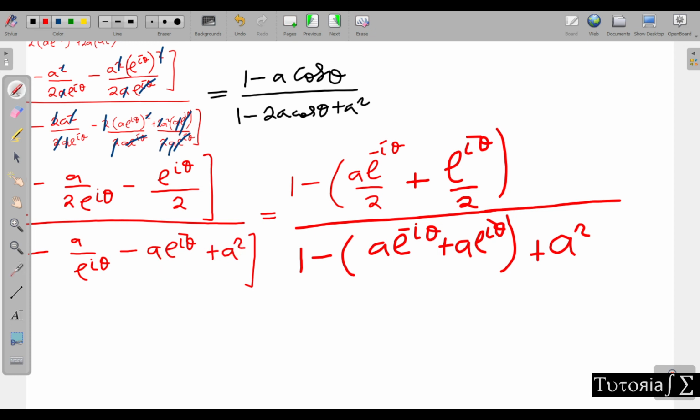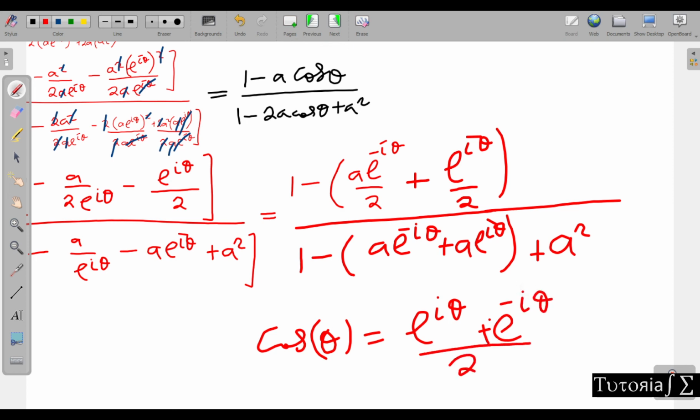But remember, we can start with the one that has a positive and the one that has a negative. And also remember that cos theta is equal to e to the I theta plus e to the negative I theta all over 2.